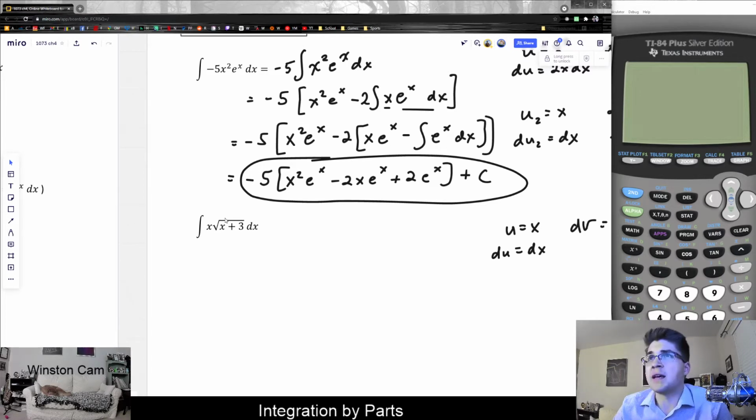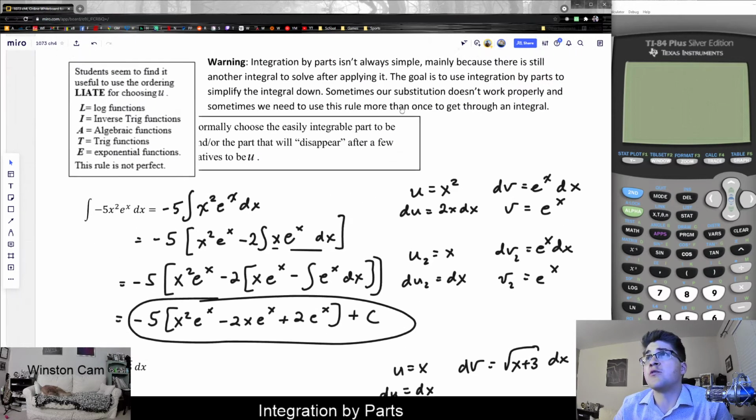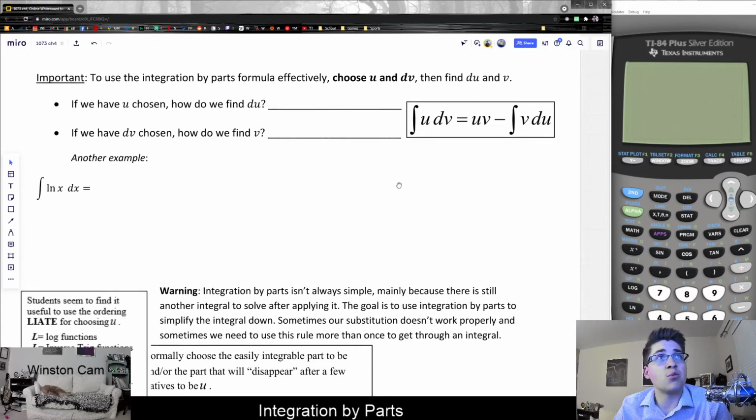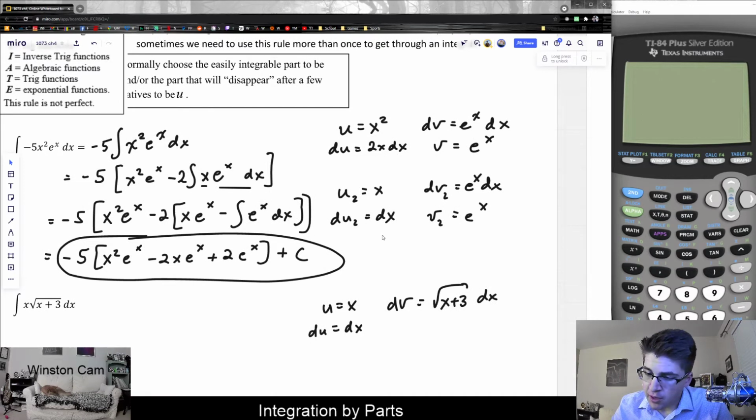And remember, you always want to make your entire integrand, including the differential, part of your u and dv, because we have to match the formula exactly in order to get this to work properly. And as usual, we need to find the integral of dv to find v. And since this is the same as x plus 3 to the 1/2 power, we could use the power rule, which would be, we'd add 1 and drop the reciprocal. So adding 1 to 1/2 would be x plus 3 to the 3/2, and dropping the reciprocal would give me 2/3.